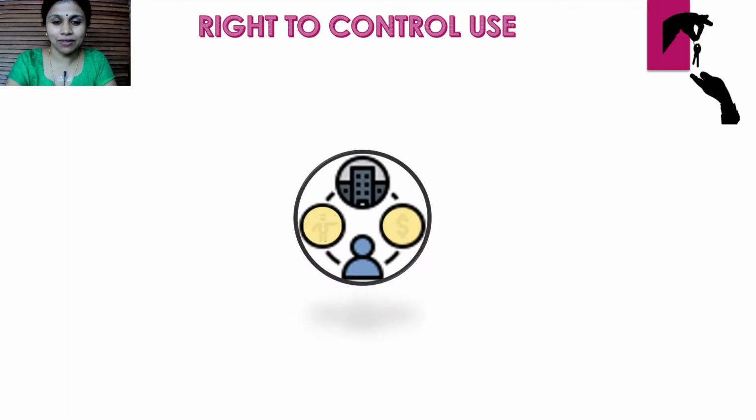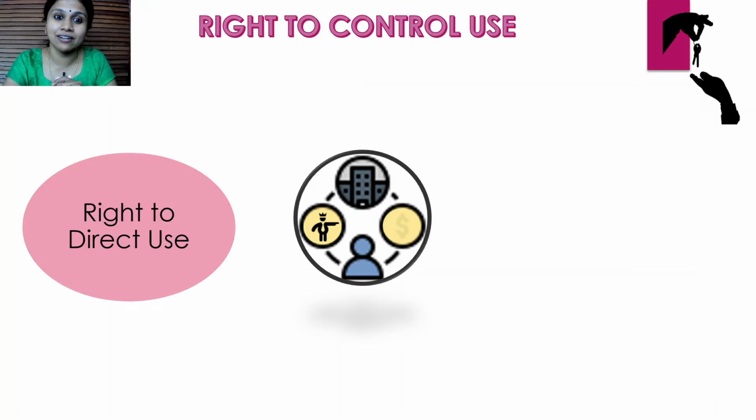Let us assume that the identified asset is a building and our customer, Mr. Blue, wants to use this asset. We want to check whether Mr. Blue has the right to control use of the asset. First we check, is customer the king? That is, does Mr. Blue have the right to take important decisions relating to the use of the asset?